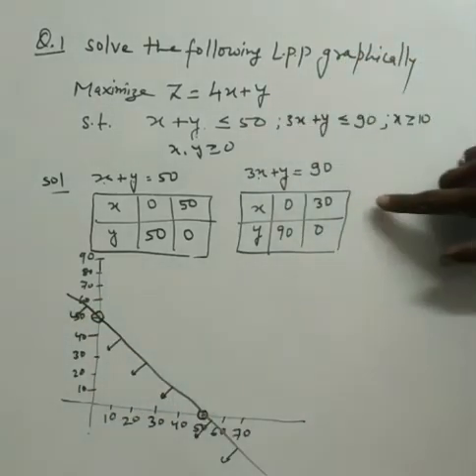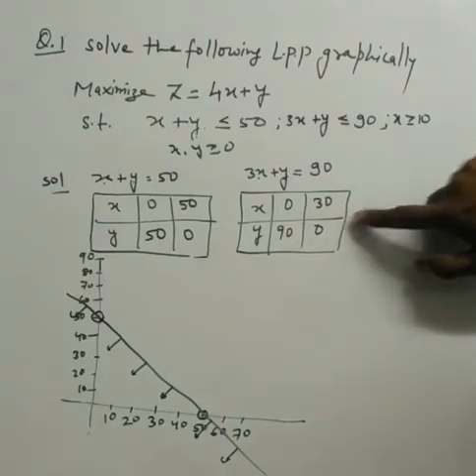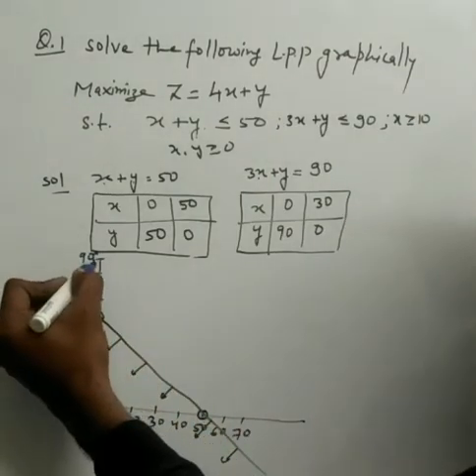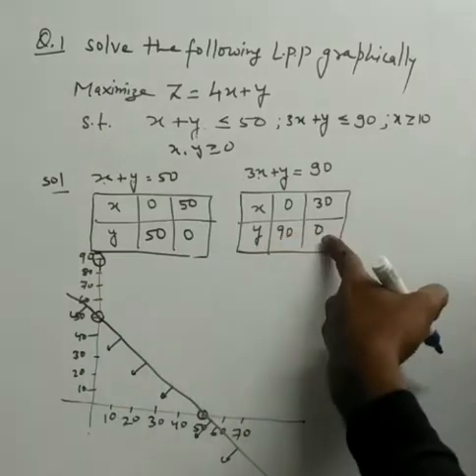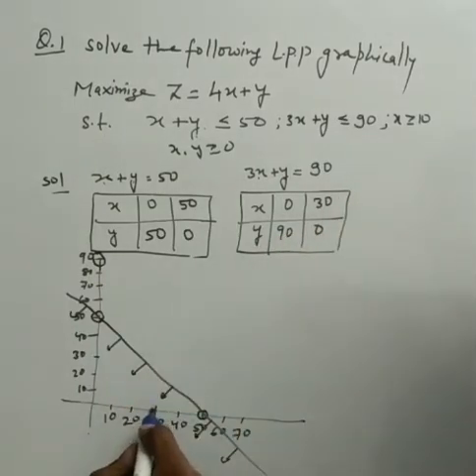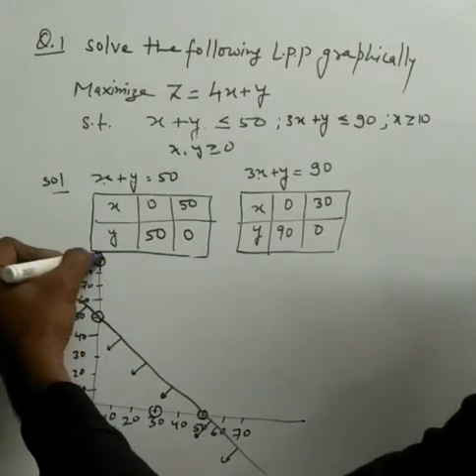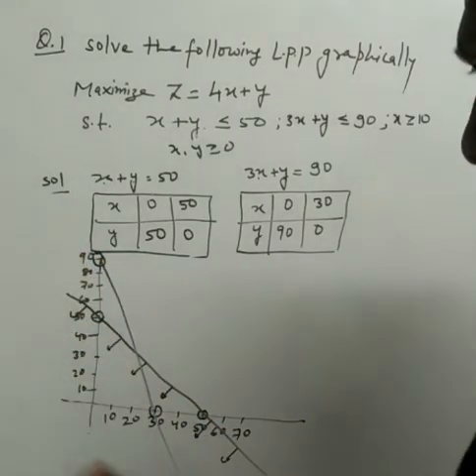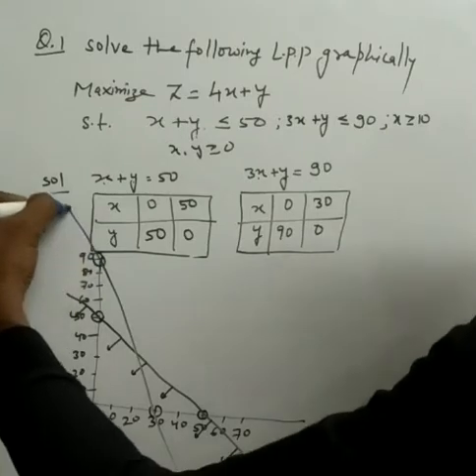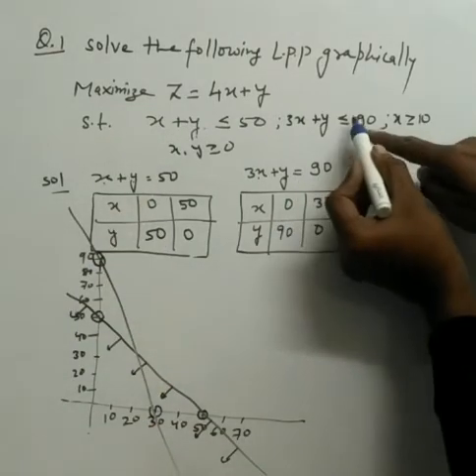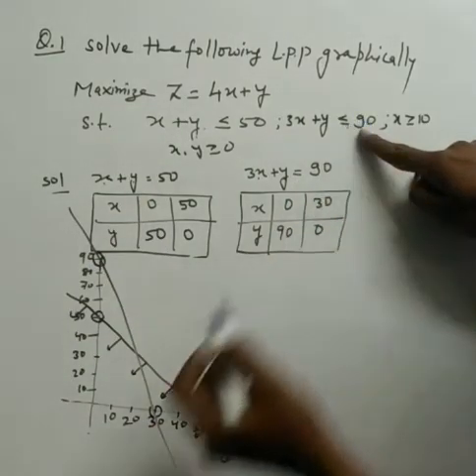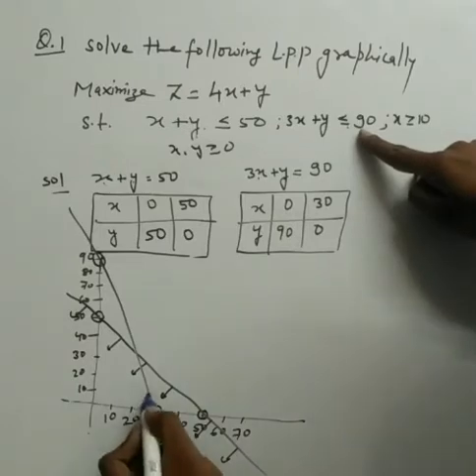Then draw the line for this one, x 0, y 90 here and y 0, x 30 here. If we draw the line, we get this line. This also has the less than or equal to sign, so the region below this line.